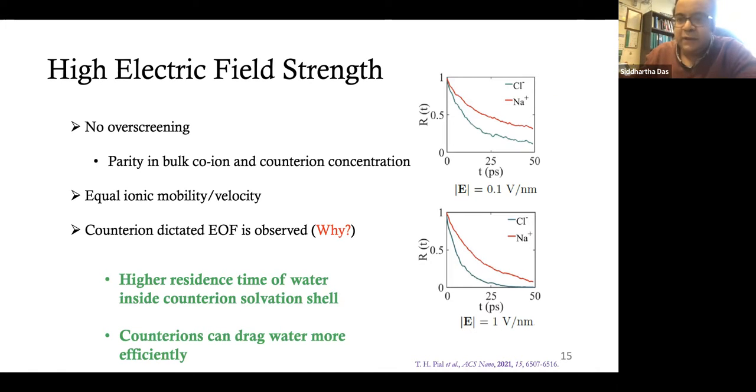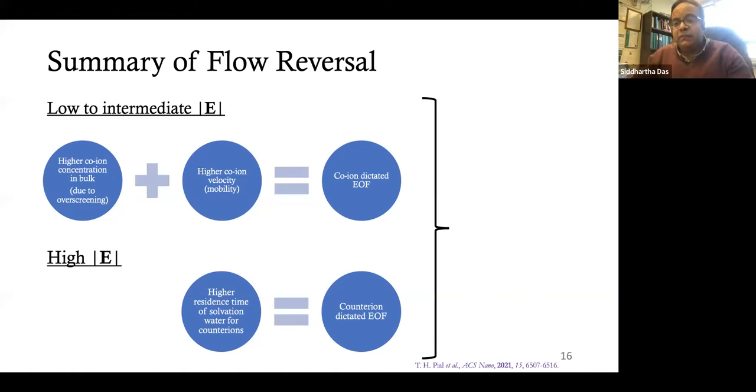Small electric field strength doesn't matter because overscreening dominates there. What dominates, on the other hand, in the case of the large electric field is the fact that the residence time of water molecules with the sodium ions is much more than that of the chloride ion. Residence time being more means the water is more favorably drawn, and hence you get a counter ion dominated electroosmotic flow at larger electric field strength.